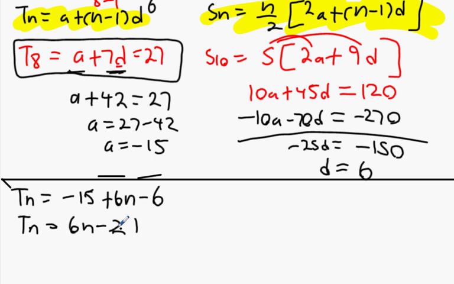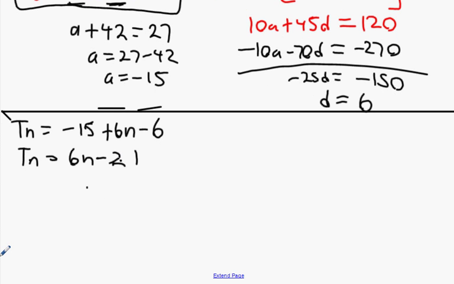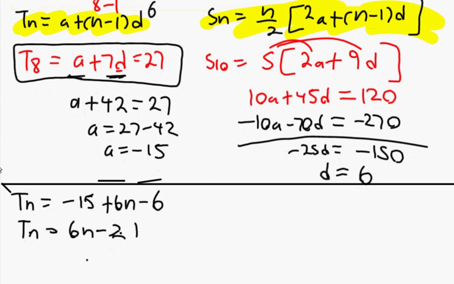Everybody right with that? Now, we have to do the Sn formula now. So we're going to use n over 2. 2 times A, what's A again? So 2 times minus 15? Minus 30.